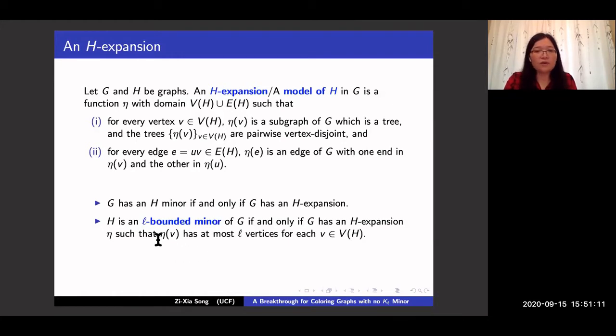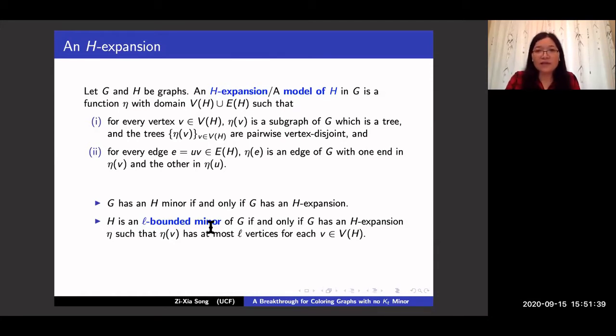And for the talk here, also in our papers, we say H is an L-bounded minor of G if and only if G has an H expansion such that every tree you picked has at most L vertices. Every tree you contracted to a single vertex has at most L vertices. So this is called an L-bounded minor here.